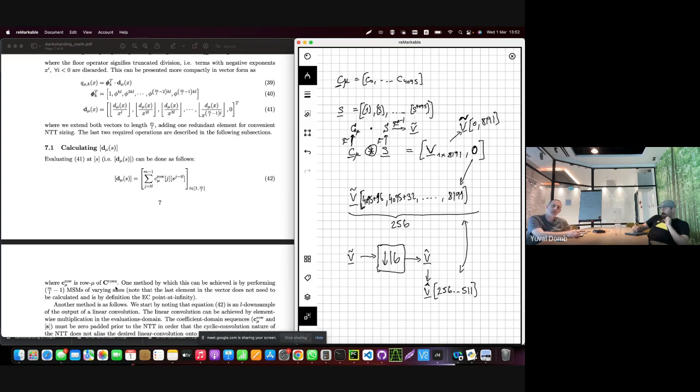Okay, and this is exactly what I do. So we create an aliasing of the Fourier transform of the vector S and the Fourier transform of the vector C, the vector of coefficients.